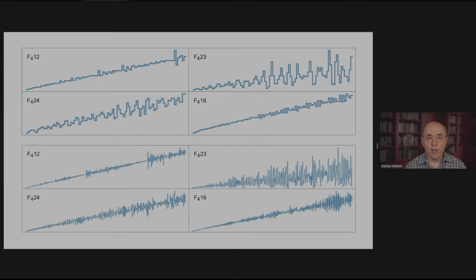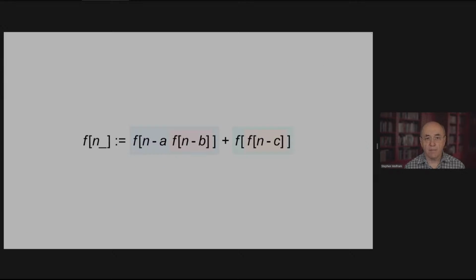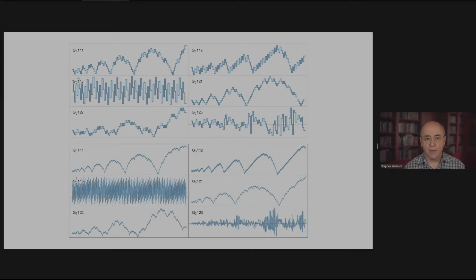So a somewhat more unusual case is what we can call G sub 3 ABC. That's this function here. If we subtract overall trends, this is the behavior we get from that function.